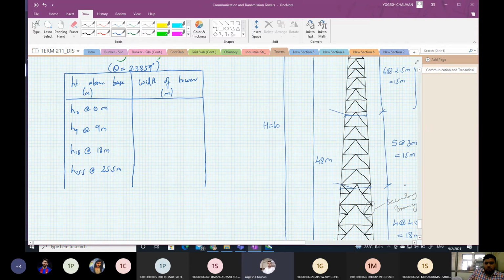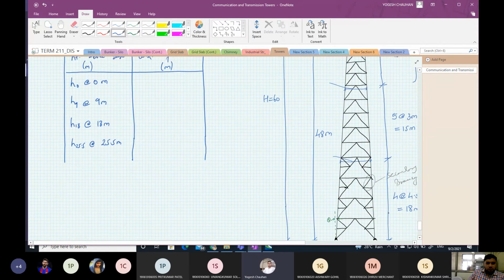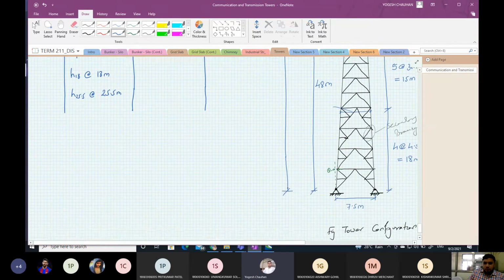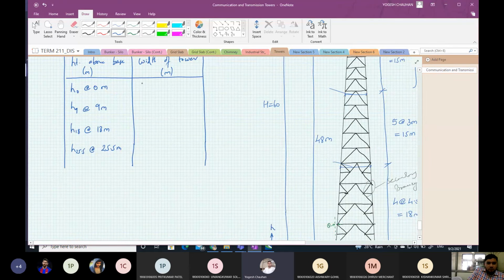These are heights above the base. So at 0 meter from the base, we are measuring the heights from here. At 0 meter the base width is 7.5, so B0, the corresponding base width, will be 7.5.